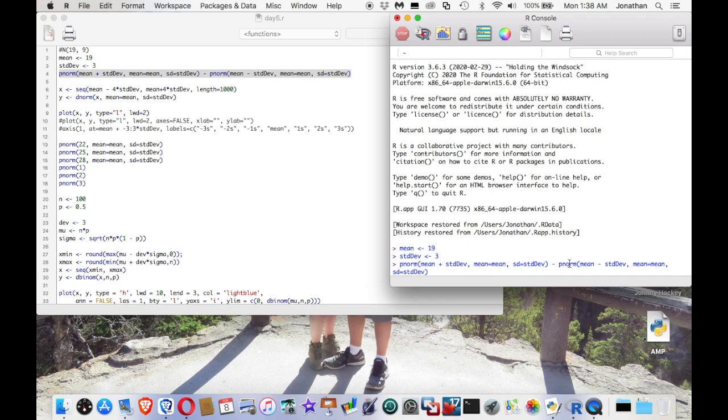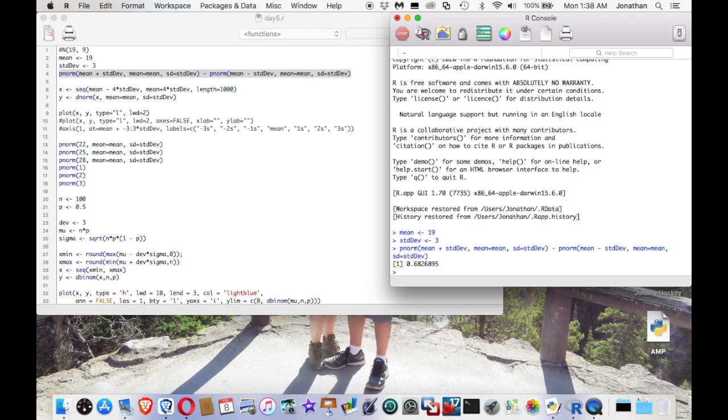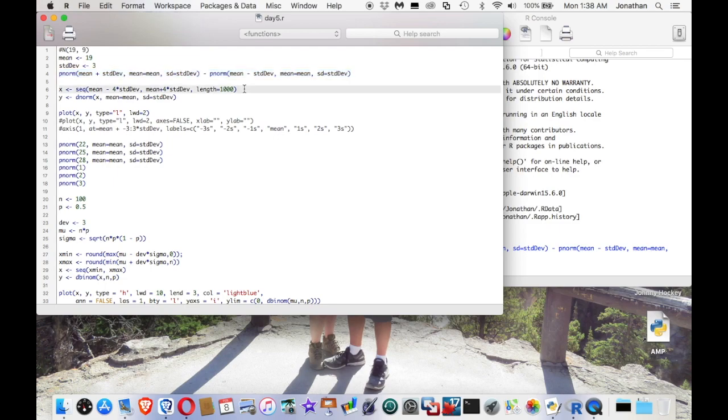So this will leave us with the area in between the mean less a standard deviation and the mean plus a standard deviation. And what we get is what we just saw from a few minutes ago. We get about 68%.